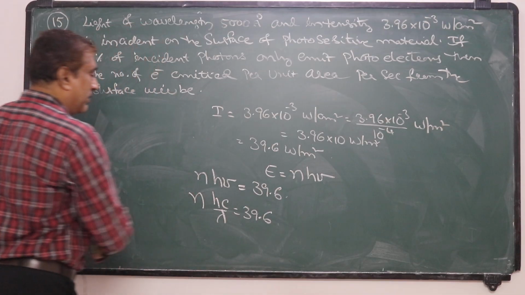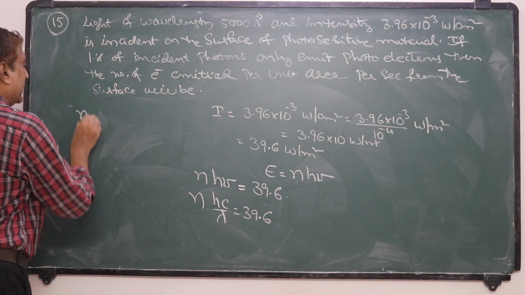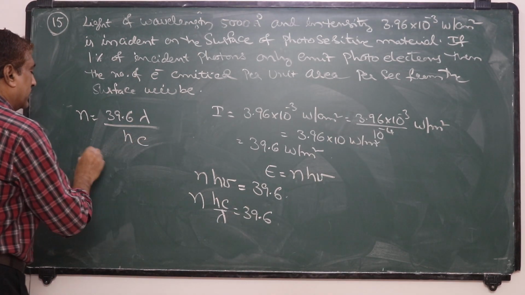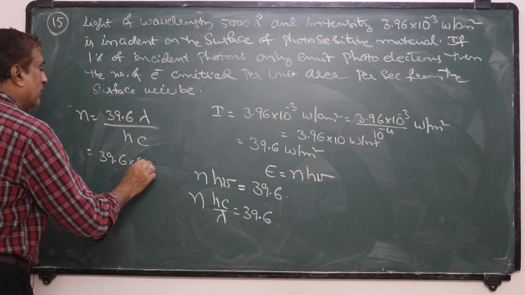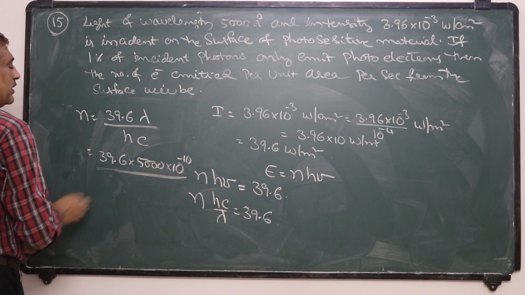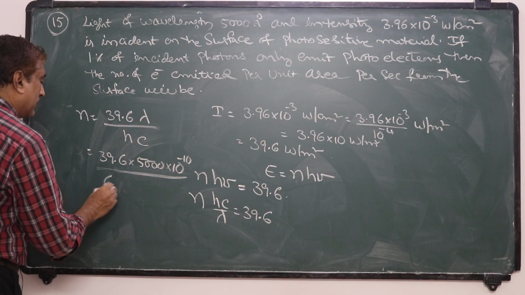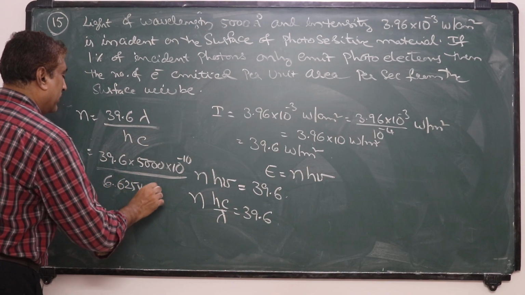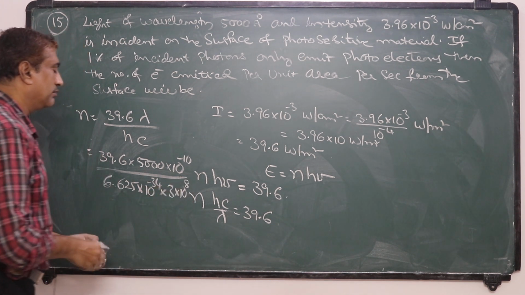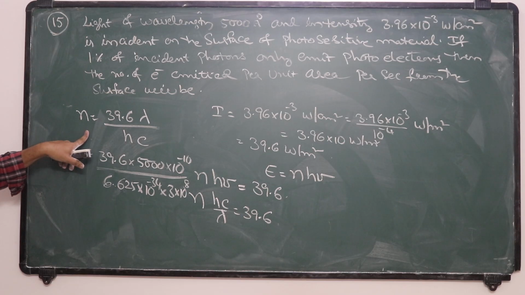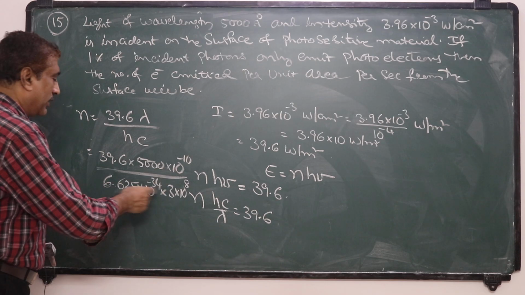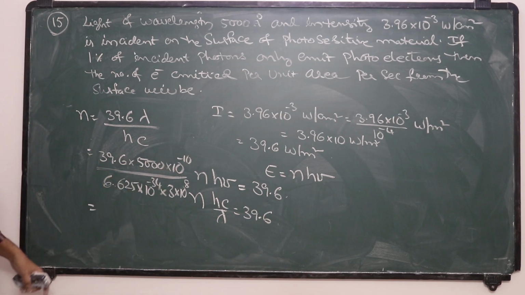Given lambda is 5000, so n is equal to 39.6 lambda by hc, that is 39.6 into 5000 into 10 power minus 10 by h, which is 6.625 into 10 power minus 34, into 3 into 10 power 8. So this is the number of photons emitted per unit surface area.